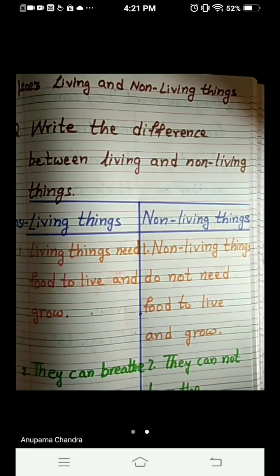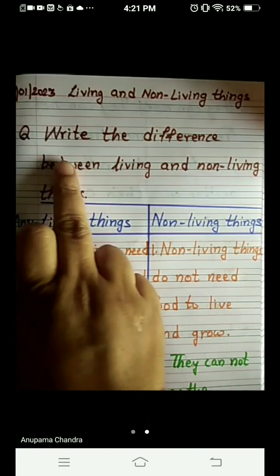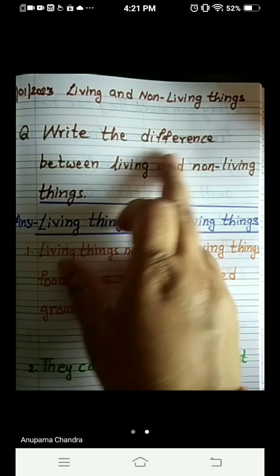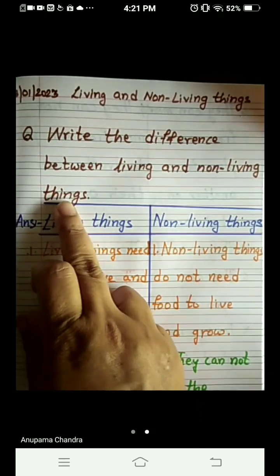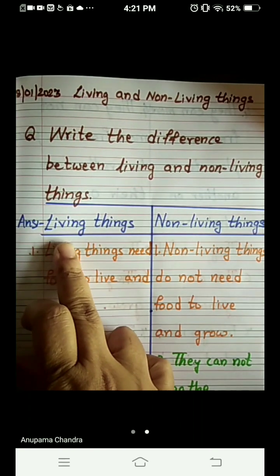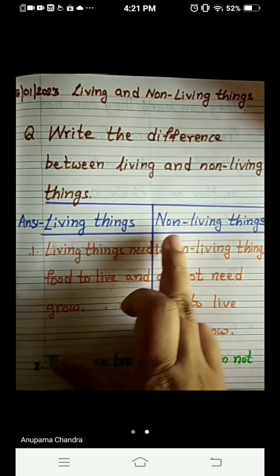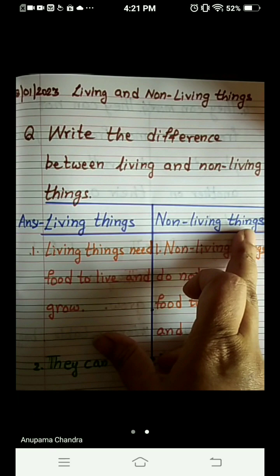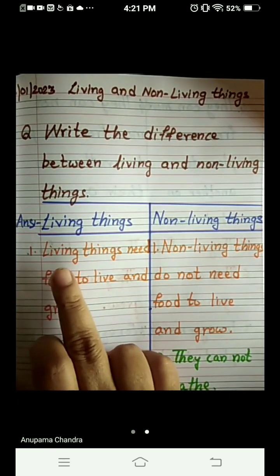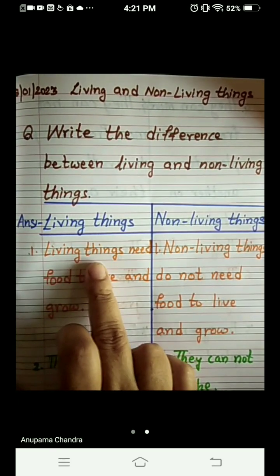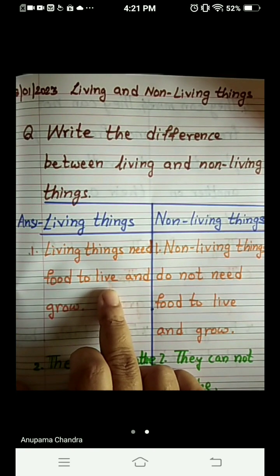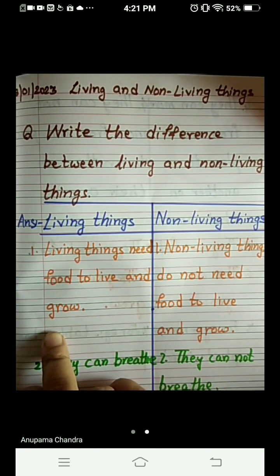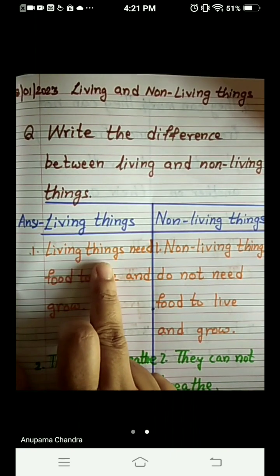Let's read it once, children. Read along with me. Write the difference between living and non-living things. Answer is living things, non-living things. Repeat after me, children. Living things need food to live and grow.